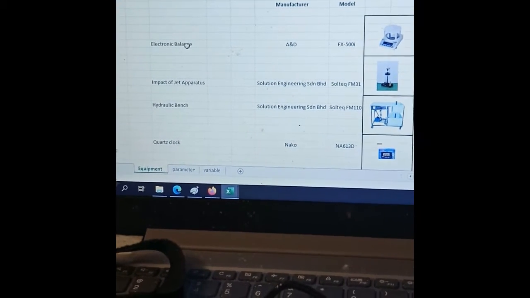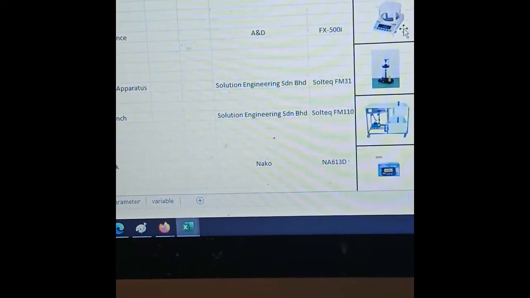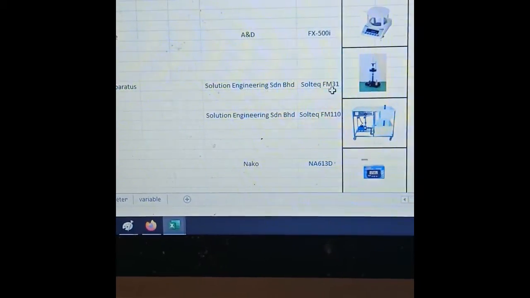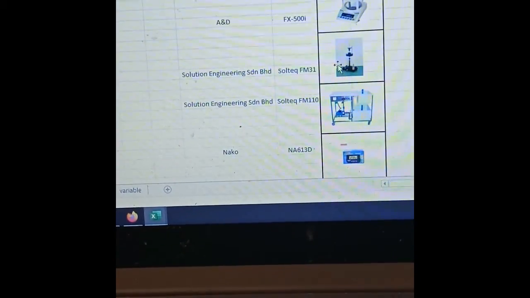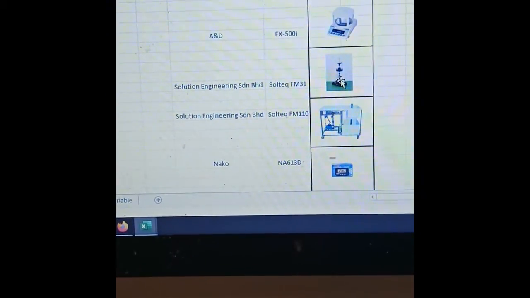We have the electronic balance, A&D model, and some pictures that I got from the internet, from the web. And then we have the impact of a jet apparatus from Solution Engineering, and you can see this is the setup for that experiment.